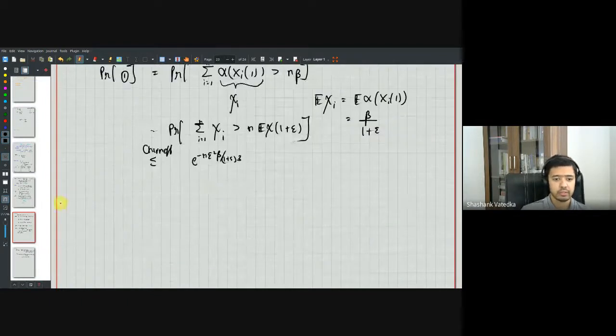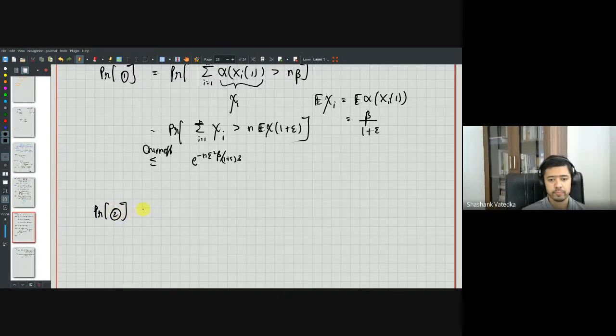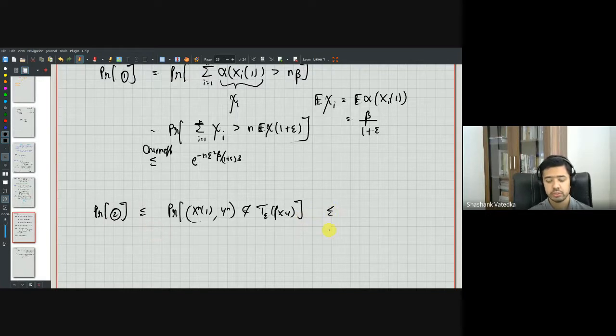What about the second event? It is the probability that xn of 1 and yn are not in the typical set. What is this less than or equal to? Does this decay exponentially in n?